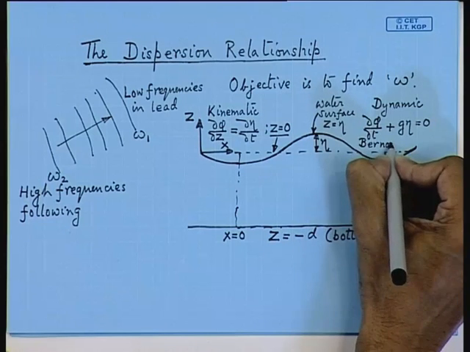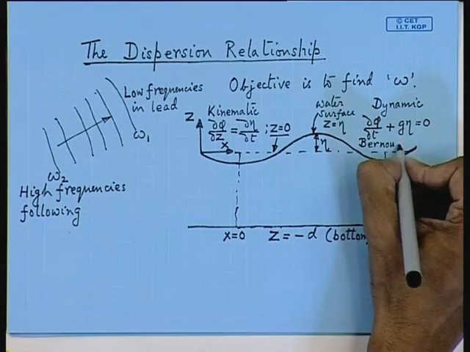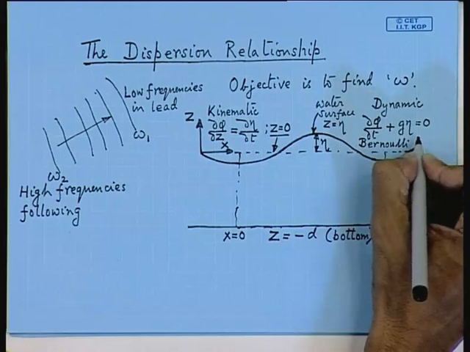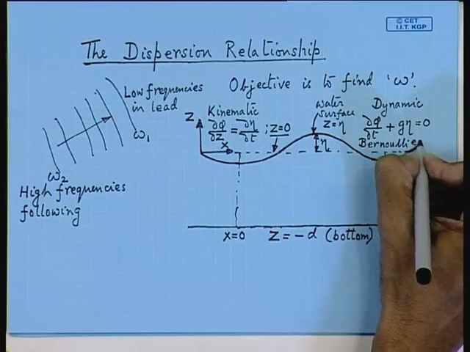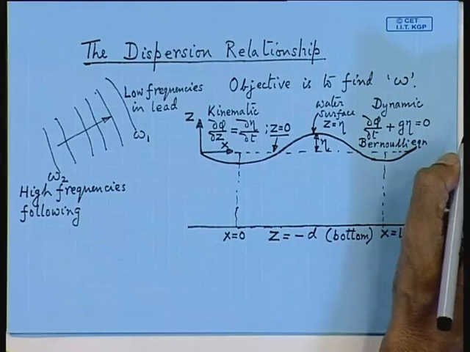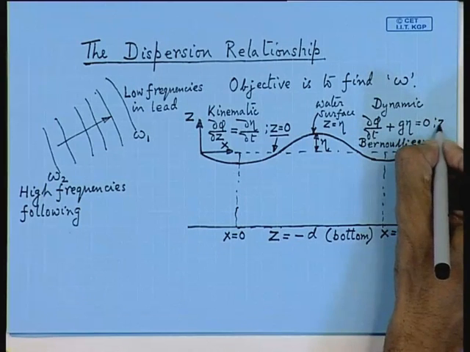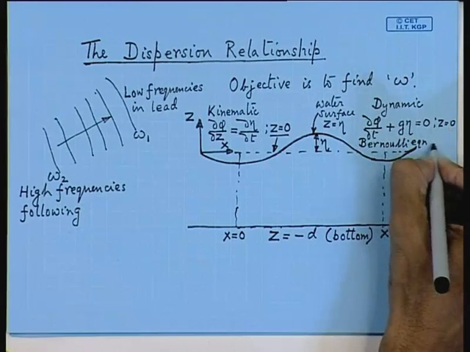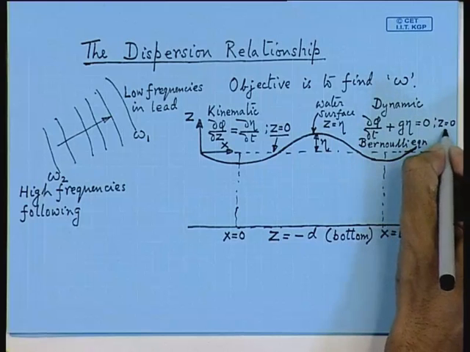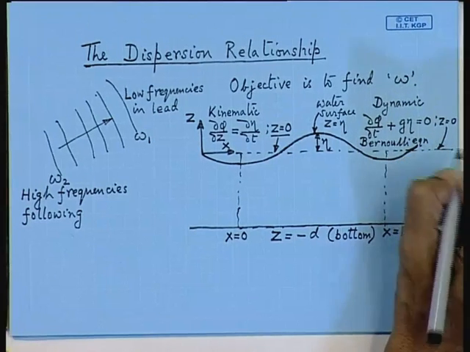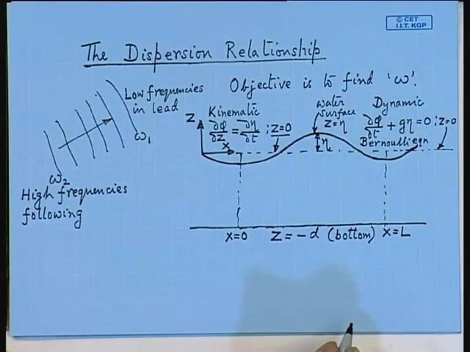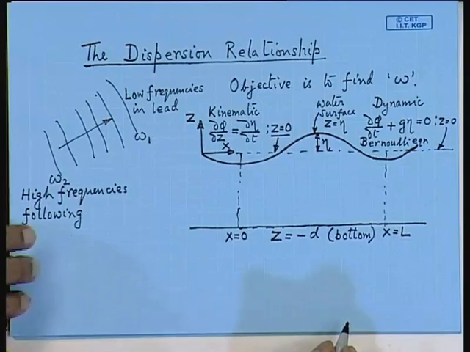You have to know all these equations if you want to find out the value of the dispersion. You write this expression at z equal to 0, that means at this line. So, these are the equations we have got.